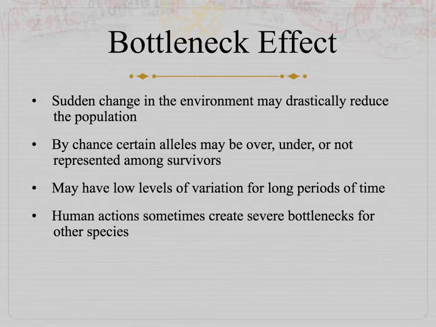So what this bottleneck effect does is it can maintain low levels of variation for long periods of time. And unfortunately, humans are the ones who have caused a lot of bottlenecks for many other species.